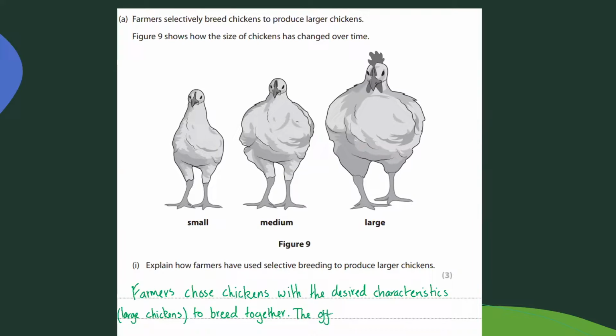The offspring, so the chicks, were then selected again for size, and the larger gene was passed on through the generations.